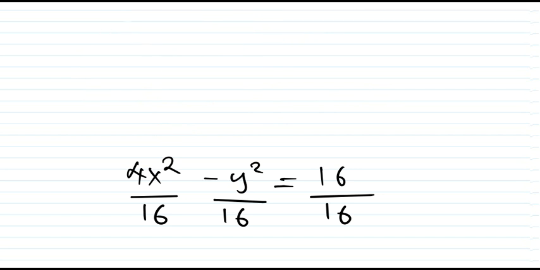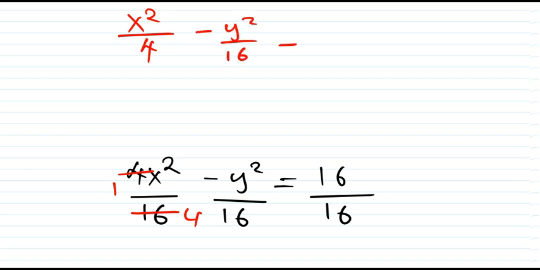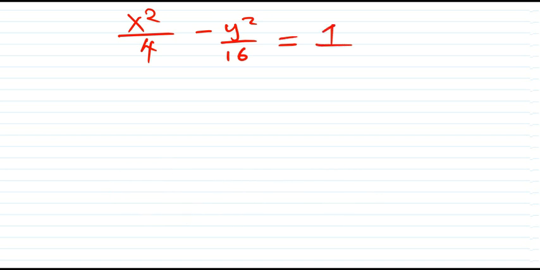We're going to remain with x squared over 4, because 4 into 16 is 4 times, minus y squared over 16 is equal to 1. Now we have it in the basic form of the equation. Don't forget this is x squared over a squared minus y squared over b squared equal to 1.